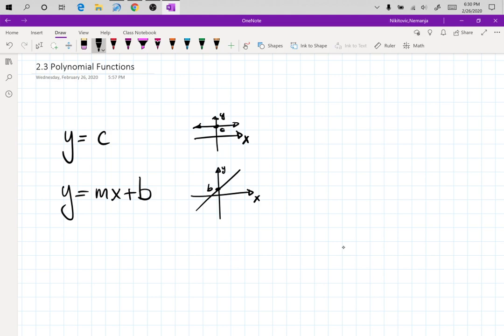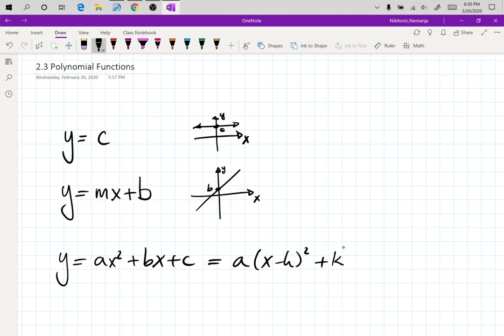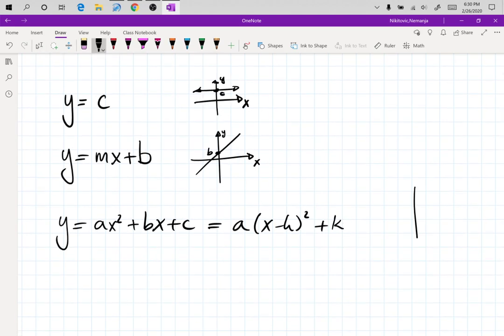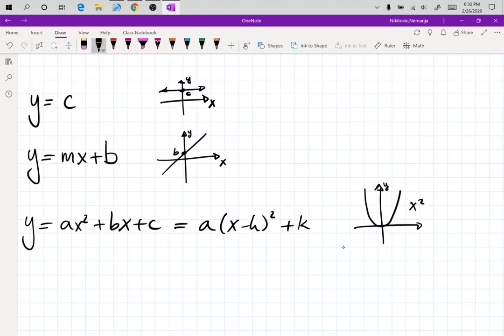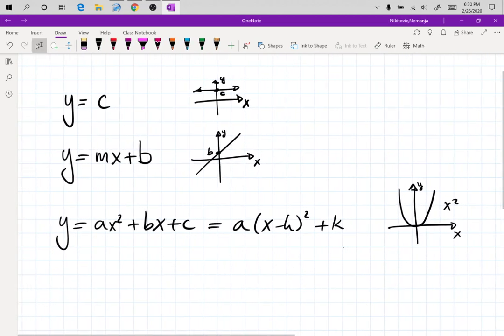Then we also know the function we learned last class, y equals ax squared plus bx plus c, or the other form, a times (x minus h) squared plus k, but primarily the one on the left. And this one was your quadratic function, right? This is your x squared right here.